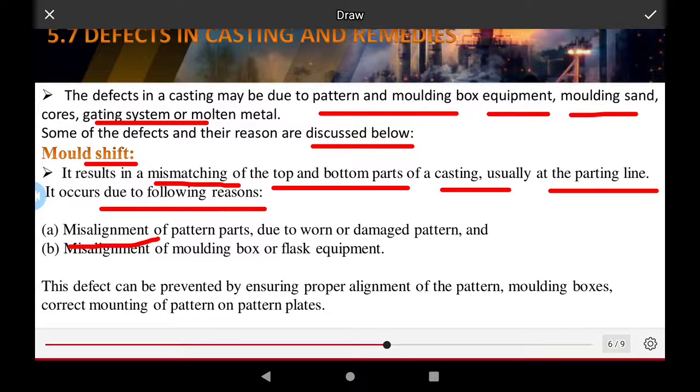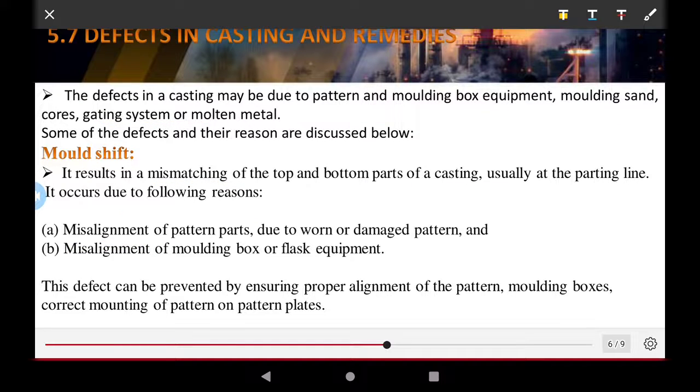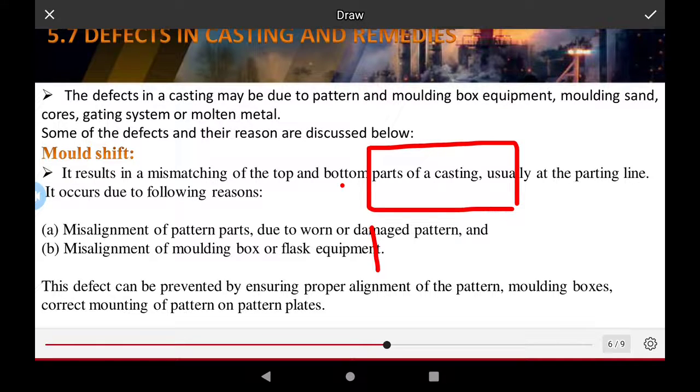It occurs due to the following reasons: misalignment at the parting line. This is the upper part of the molding sand, this is the lower part of the molding sand, and this is the mid of the parting line.